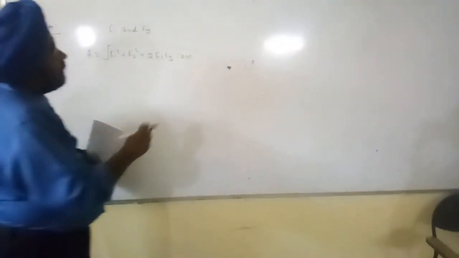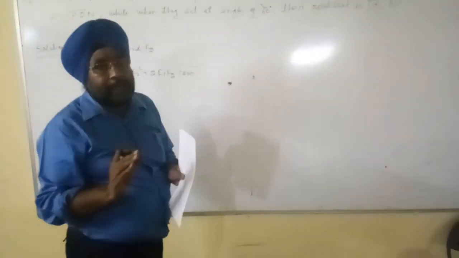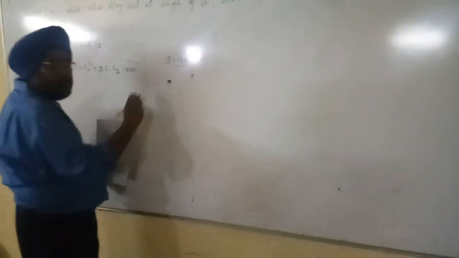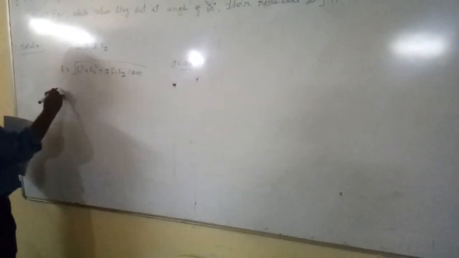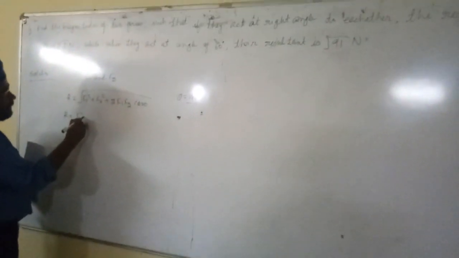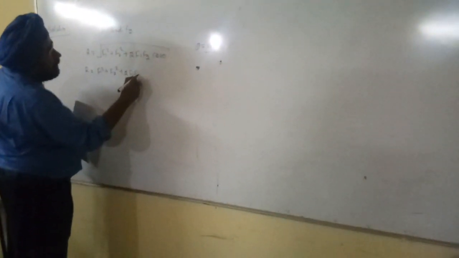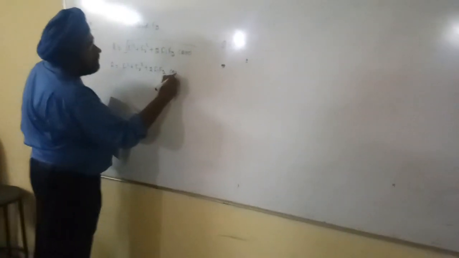when the forces act at right angle to each other, it means the angle between the two forces, theta, is equal to 90 degrees. Then R is equal to √(F1² + F2² + 2F1F2 cos 90°).